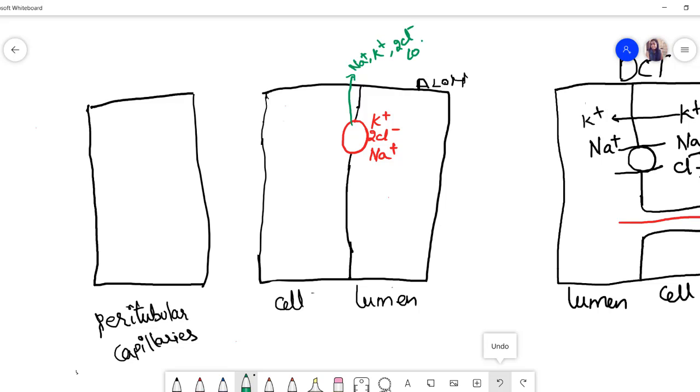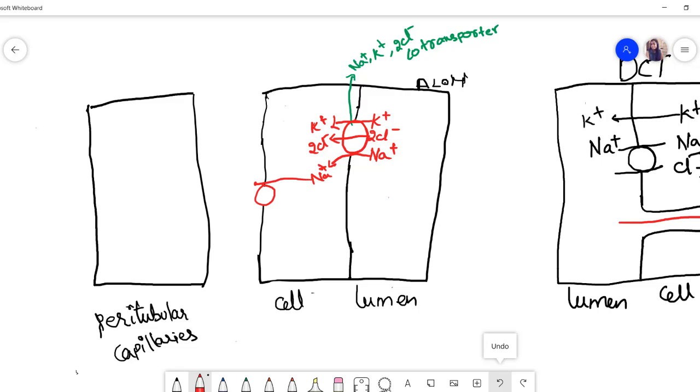Due to this transporter, potassium will travel from the lumen to the cell, and at the same time the chloride and sodium all travel together into the cell. So potassium came into the cell, chloride came into the cell, and sodium as well.